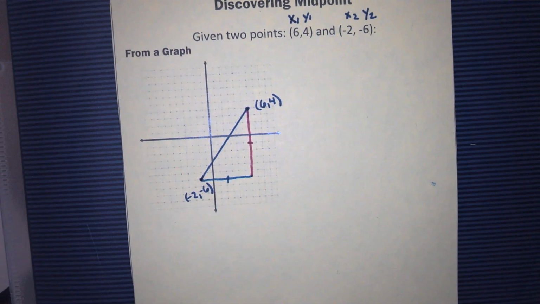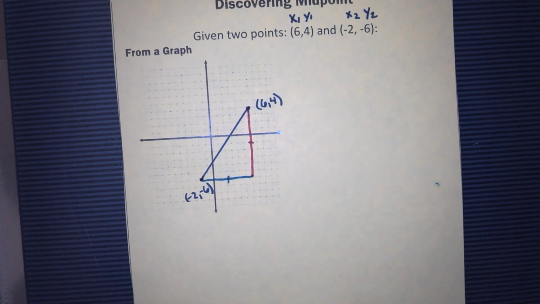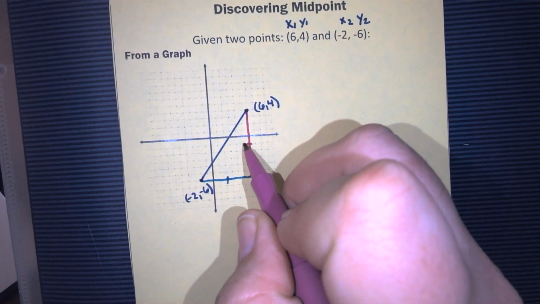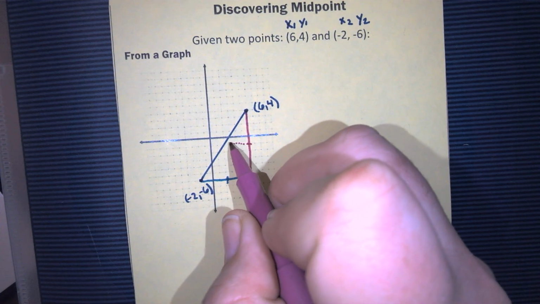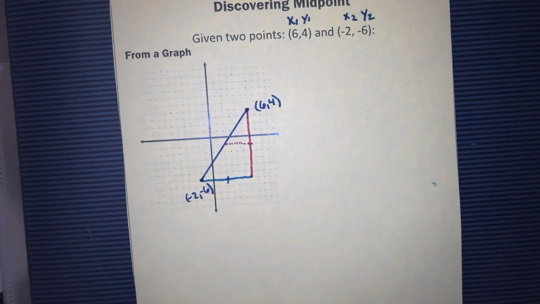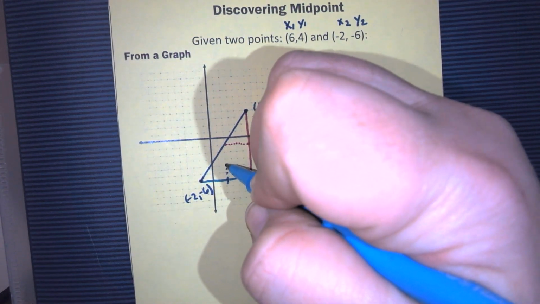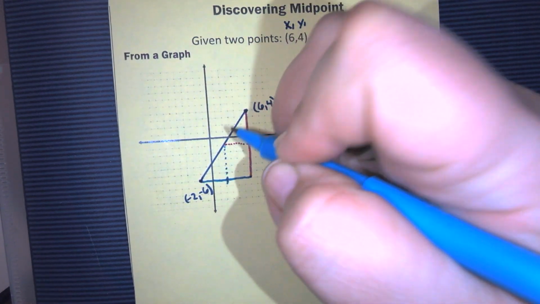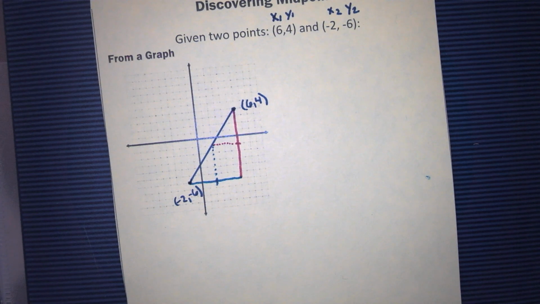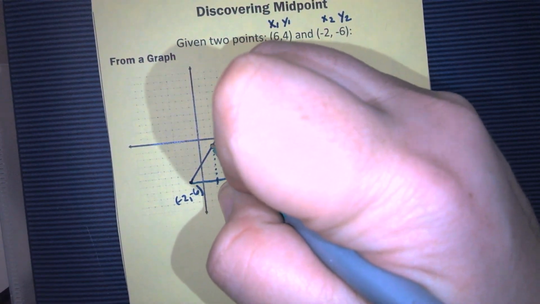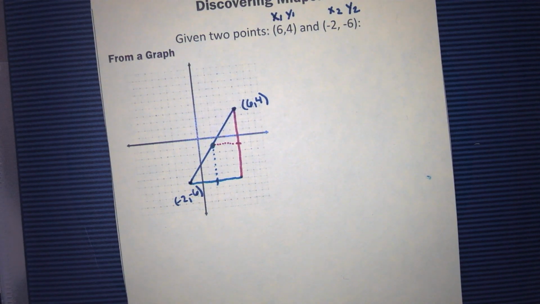So if I find the middle of both at the same time, that should lead me to a point. If I'm looking at the middle going vertically, it's going to be in this line. If I look at the middle horizontally, I'm here. And where they meet up is this point right here, which is the middle of the segment.